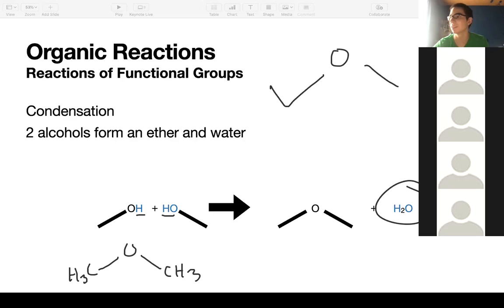In this case, it'd be the ether. So our methyl would be our substituent. So it would be methyl ethoxy. Yeah, you could name it like that.